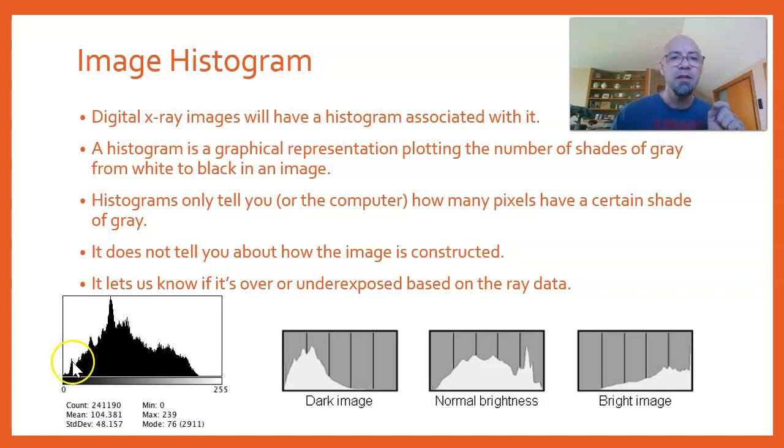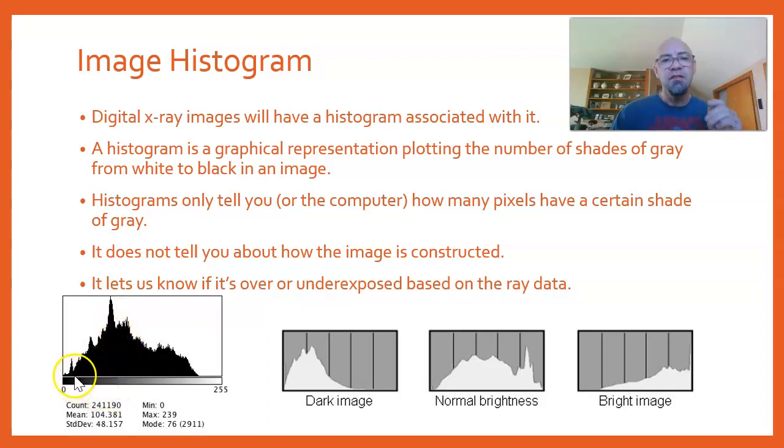And you can see it's got this many. We've got the peak here. I'm making this up. What number is this? About roughly 100, maybe a little bit less. We'll call it 75. So shade of gray number 75, that's where most of my shades of gray are.